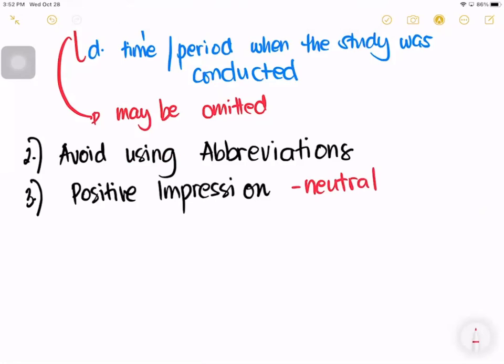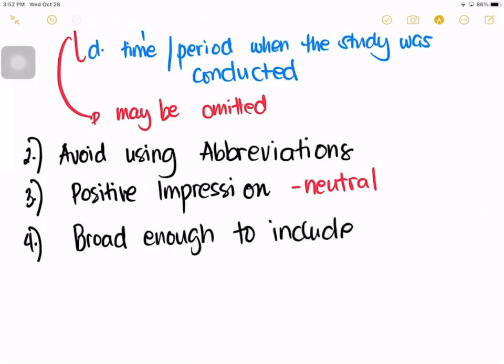Next, for our number four guideline, it should also be broad enough to include all aspects. So, not too specific, not too general, but broad enough to include all aspects of the study.